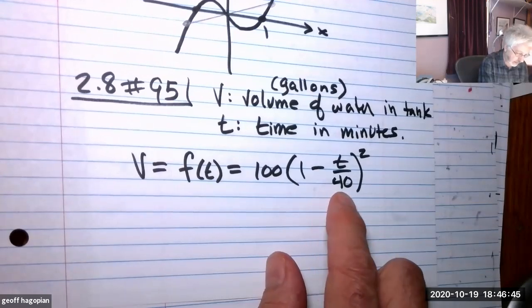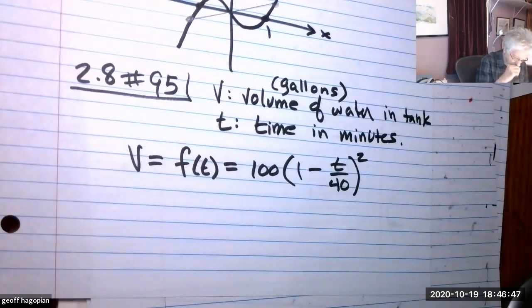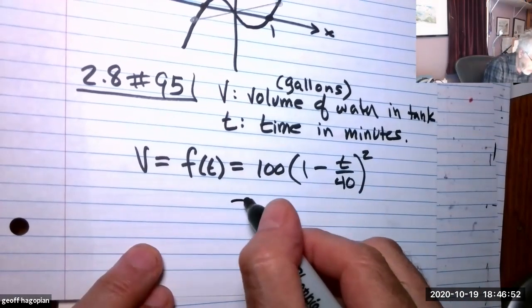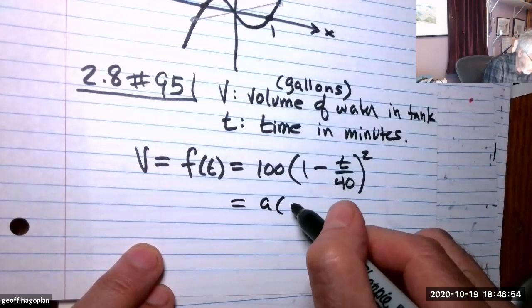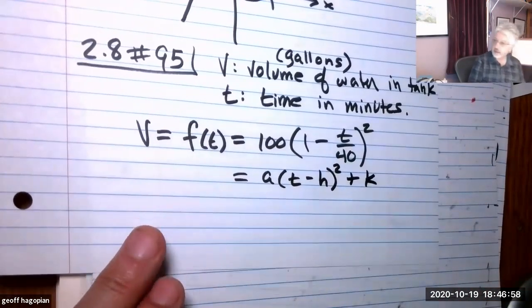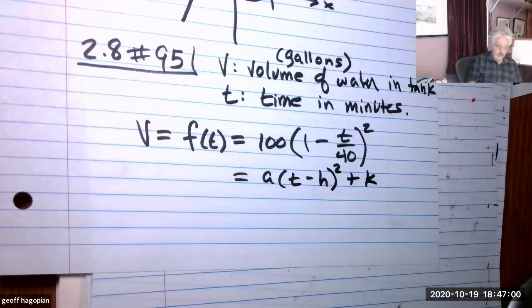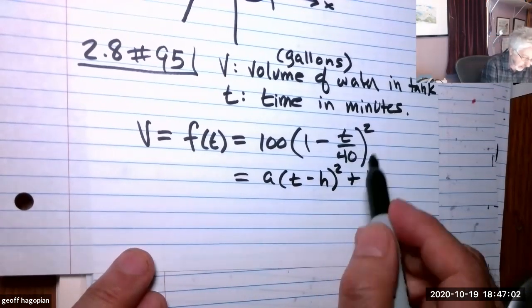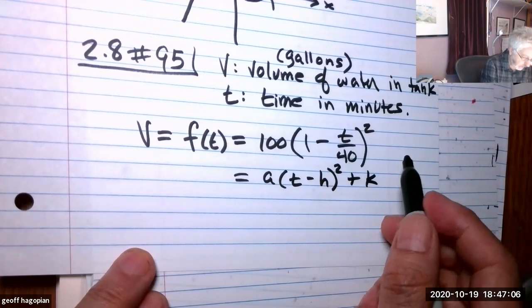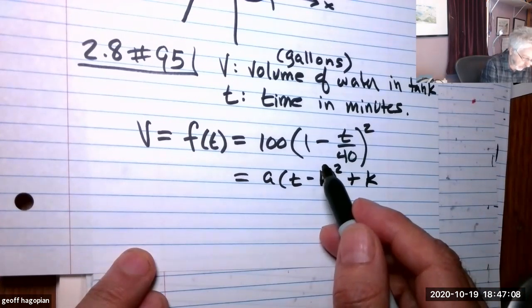It's kind of in vertex form. Is it in vertex form? How would we write this in vertex form? Vertex form is A times (T minus H) squared plus K, where H and K are the coordinates of the vertex, right? So we got this 1/40th sitting there. So I would contend that we can factor out the square of 1/40th.